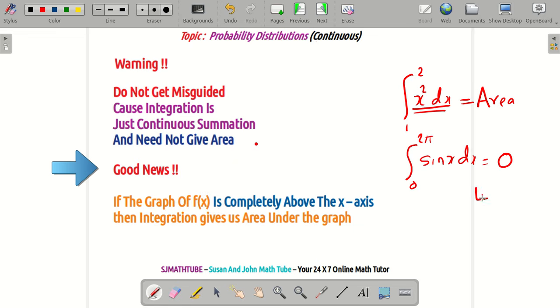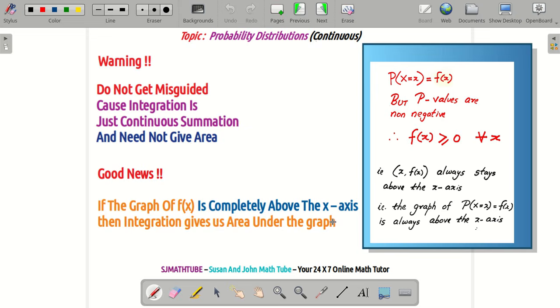The area is actually 4 units. You can calculate it. So, we have some good news. The good news is, if the graph of a function is completely above the x-axis, then integration gives us the area. So, now let's move back to our probability.